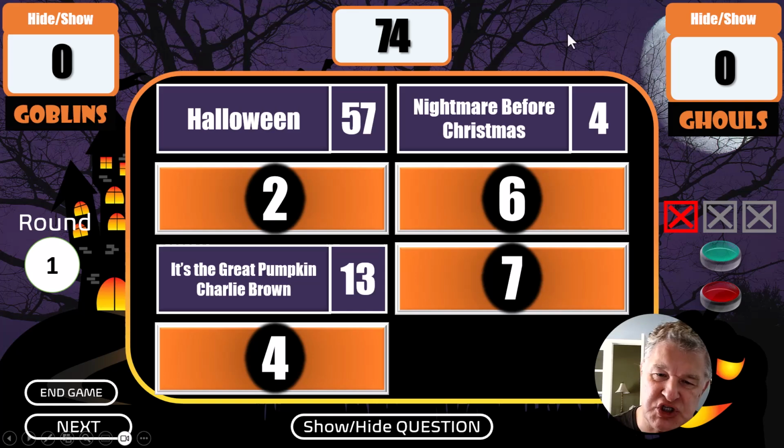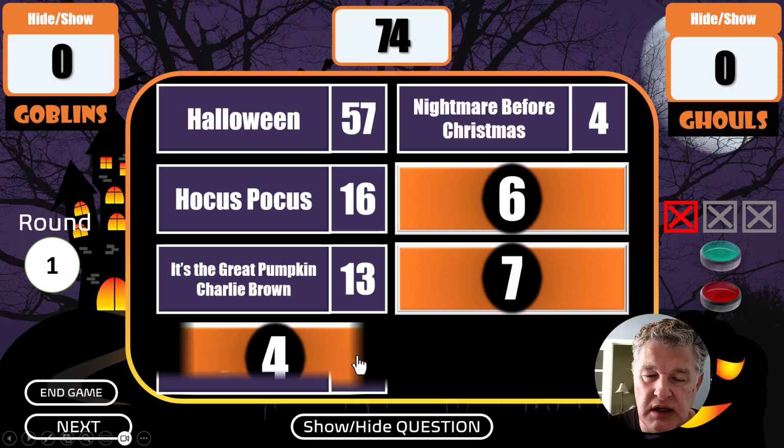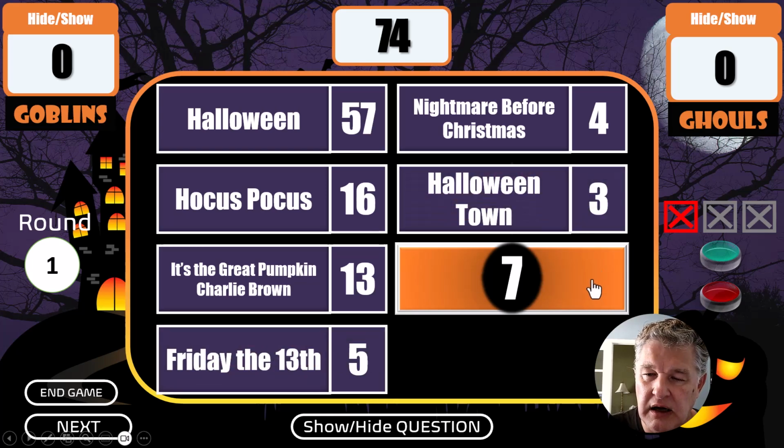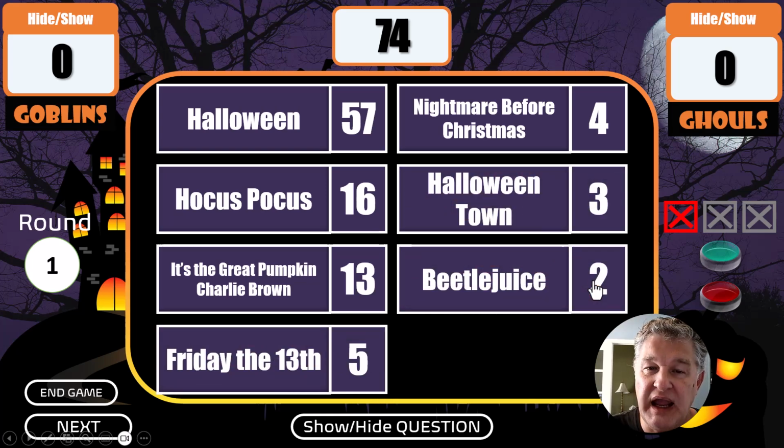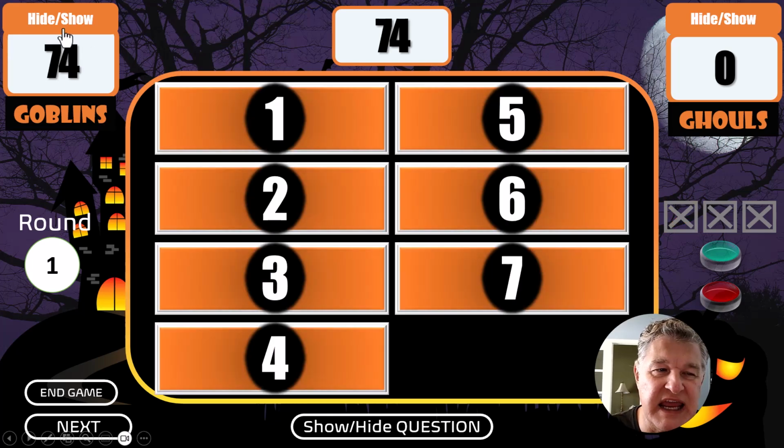But if I just want to show the answers without adding the points, I'll click in the rectangle so I can show this one and this one and all the rest. And then when I'm ready to award the points to a team, so let's say it's the Goblins that won this round, I will click on the 0 or on their score, and that's going to assign the points to them. And now I'm ready to go to the next round by clicking next.